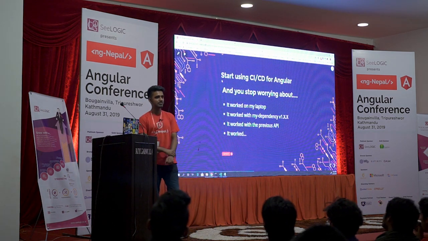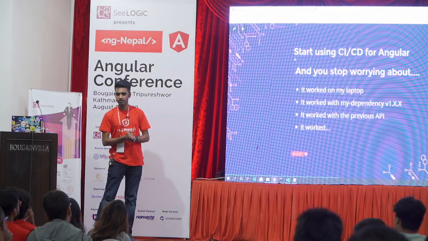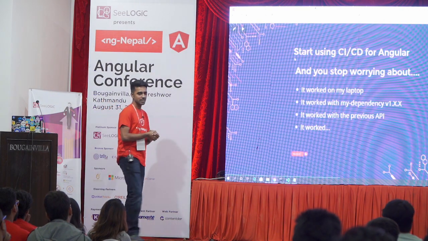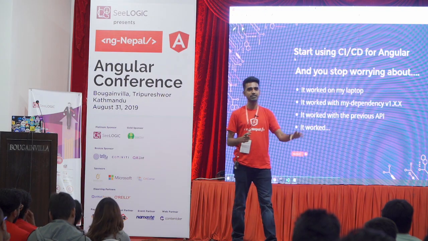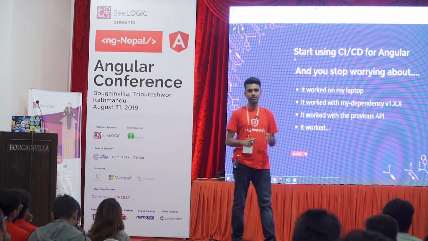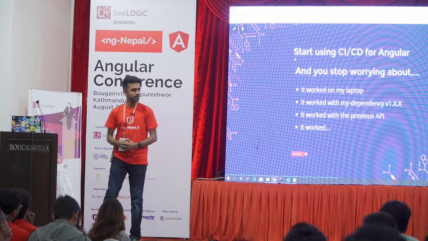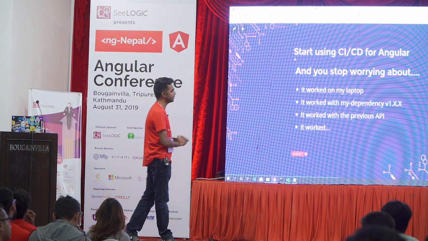Can someone explain what is CICD? At least what it stands for. Very good. So it's about continuous integration, how effectively you can deploy the new feature that you are building, how fast you can deploy it to production. That can be achieved through continuous integration and continuous deployment.